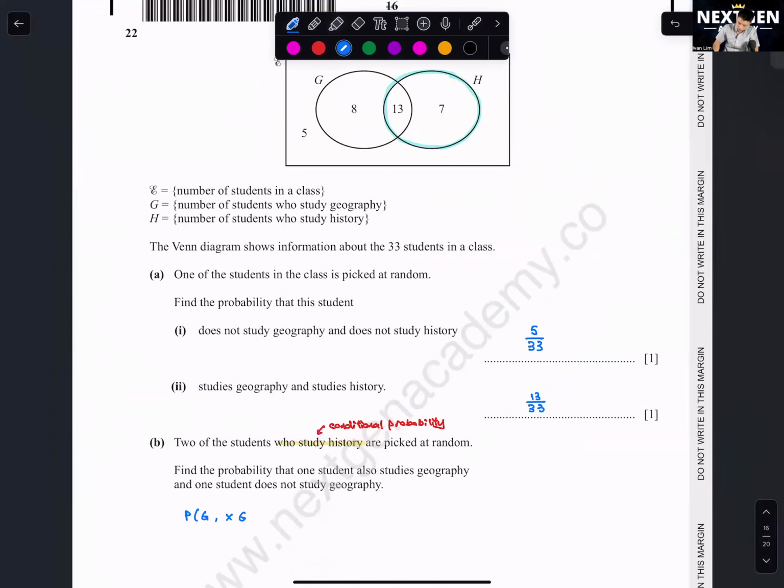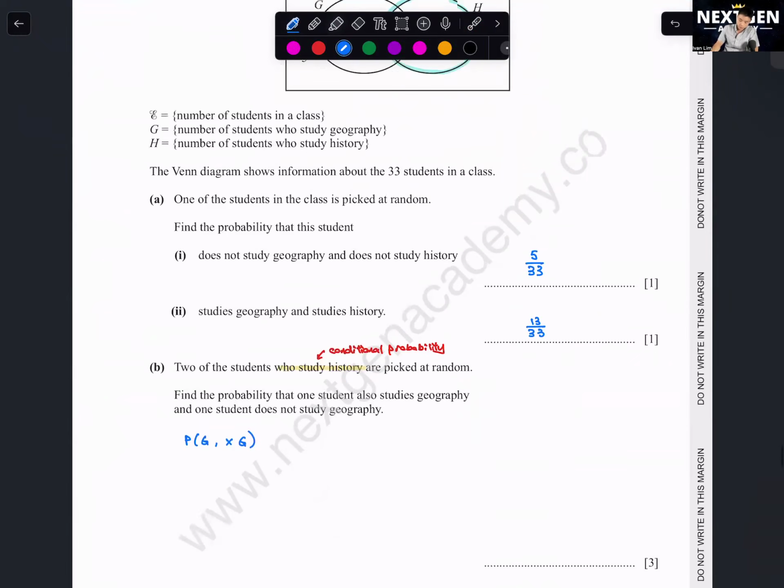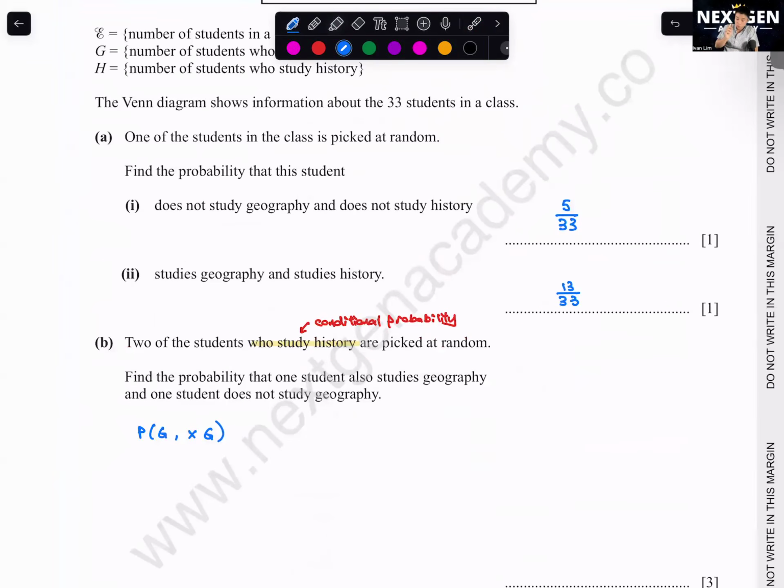That means only the history one. How do we pick the student? Is this the only way that we can pick the student? We also can pick the no geography one first, the one who doesn't study geography, then the geography one. Got it? Okay, so this is how we'll do the question.